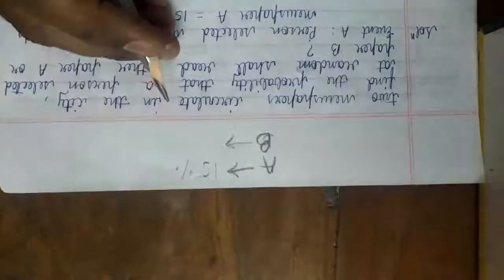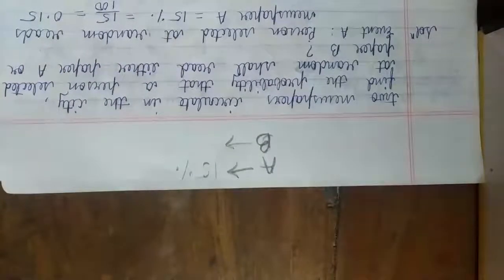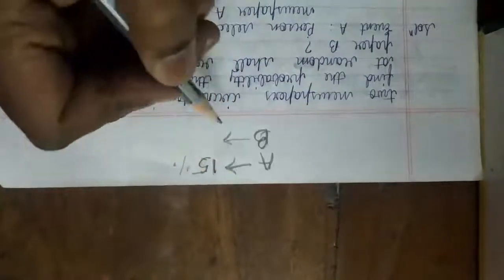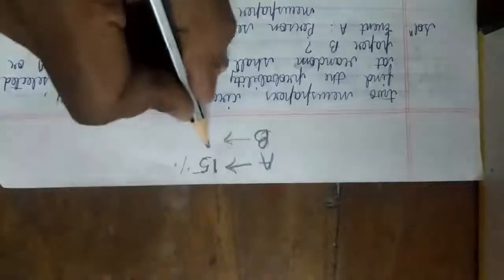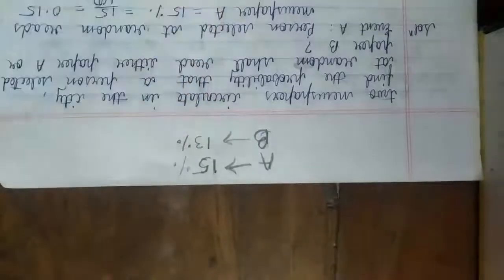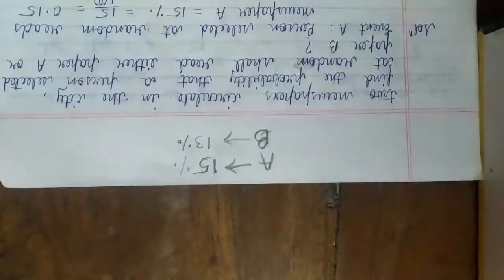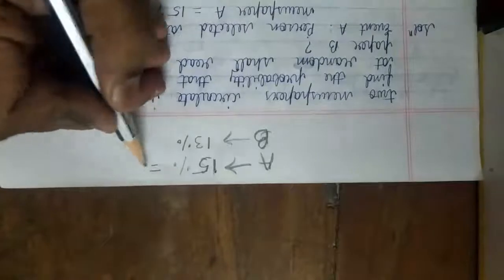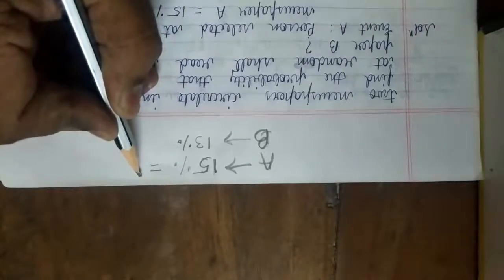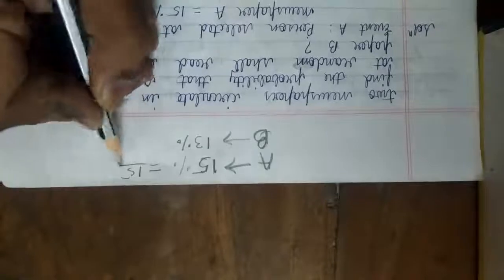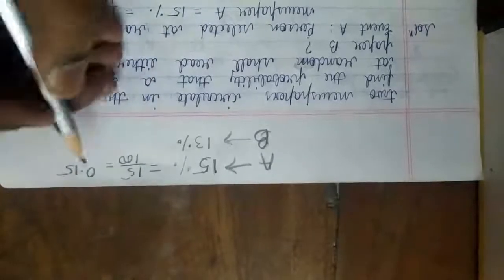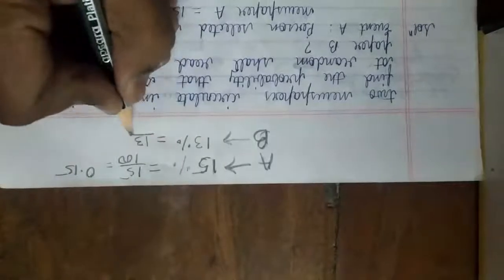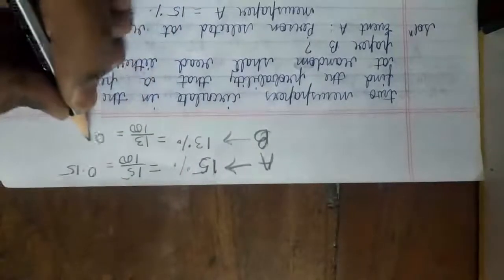The total number of people who read newspaper A is 15%. The total number of people who read newspaper B is 13%. Fine. So clearly, if we convert this percentage into fraction, it is 15 upon 100, which is nothing but 0.15, and this becomes 13 upon 100, which is equal to 0.13.